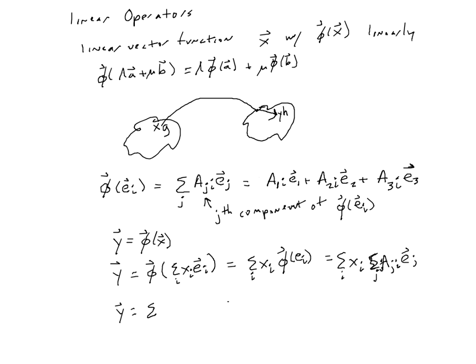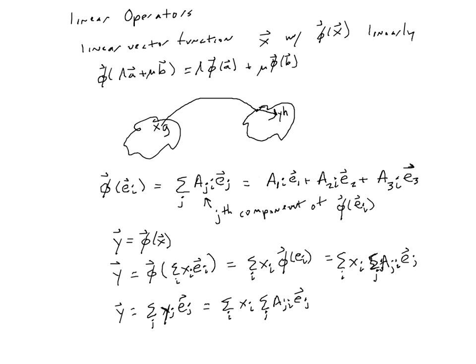So this is equal to the sum over j of y sub j e sub j. So I have components and basis for y as well as I do for x. So this is also equal to the sum over i, x sub i, sum over j, a sub ji, e sub j.